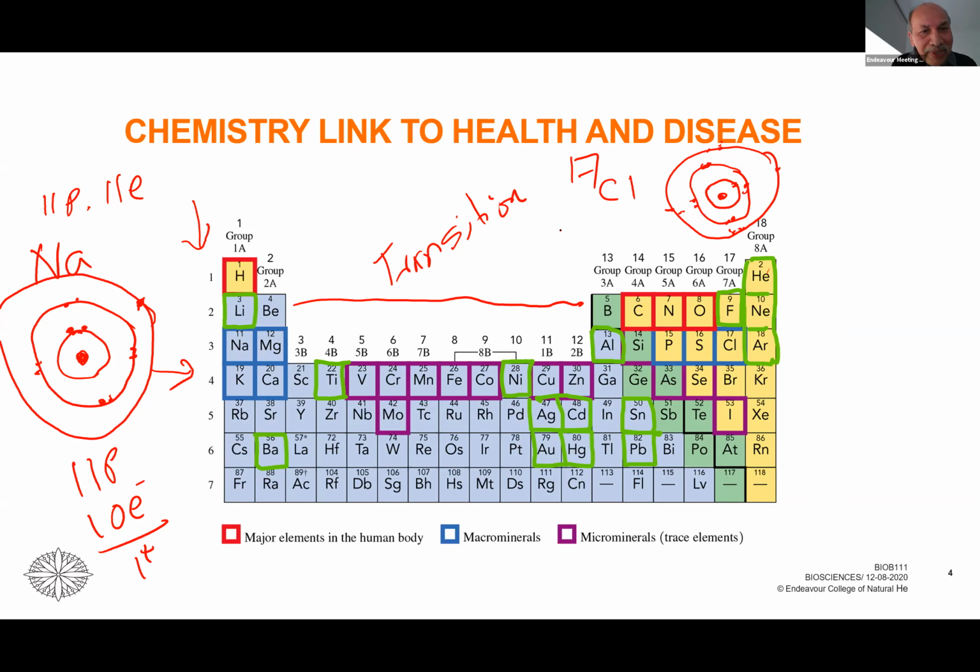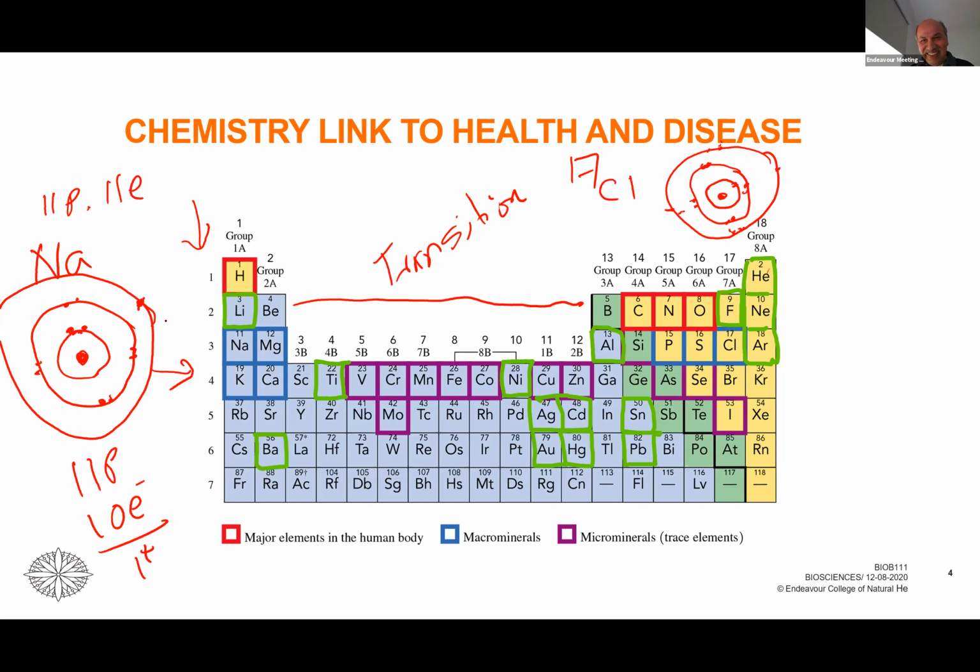Okay, so now the period. The period actually tells you how many shells you have. If you look at sodium, sodium is in period 3, horizontally. How many shells is sodium going to have? 3. Look here, 1, 2, 3.